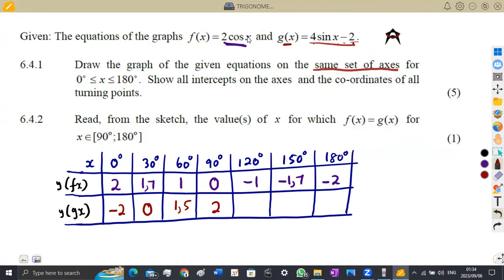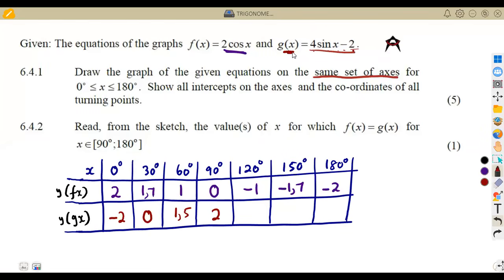So this is affecting the values of g(x). This is the graph of g(x) that we are talking about. So we are going to have the same thing throughout. At 120, we are going to obtain 1,45, which is 1,5. At 150, you are going to obtain a 0. At 180, you are going to obtain a -2.